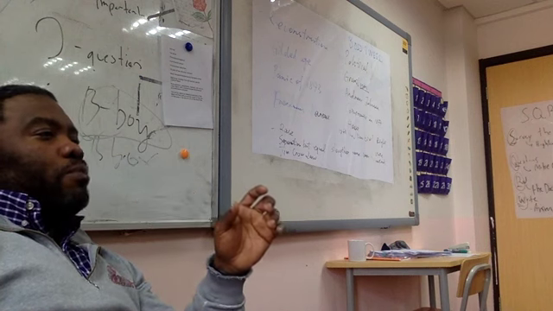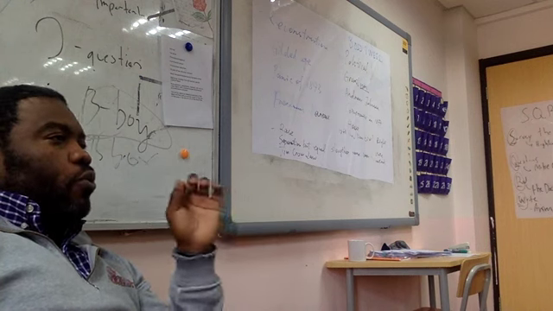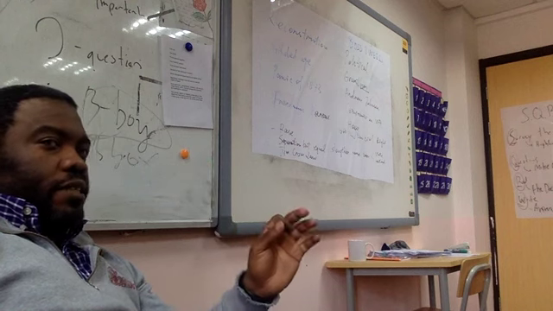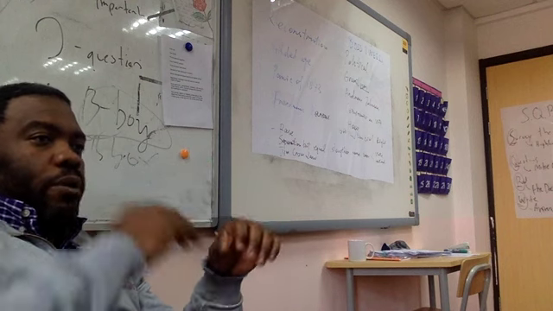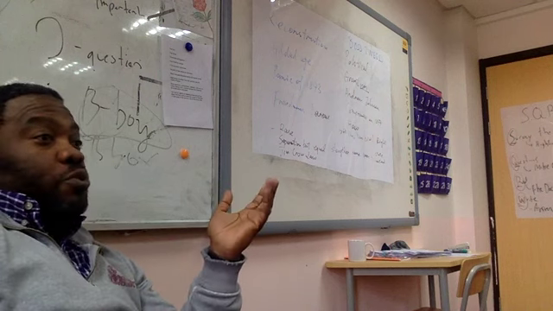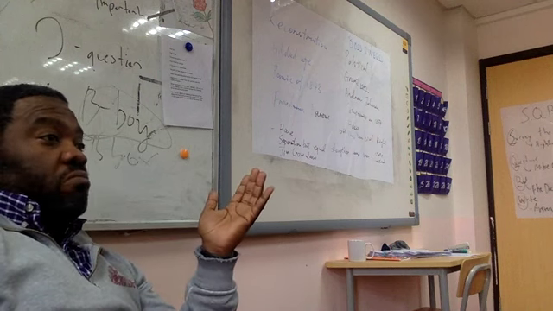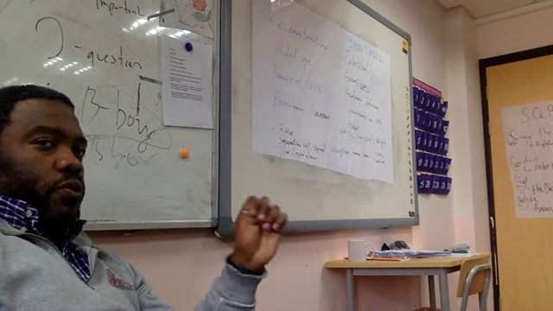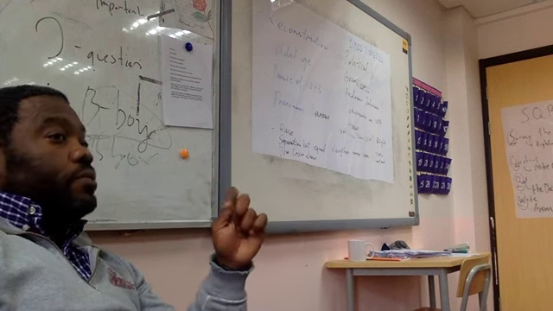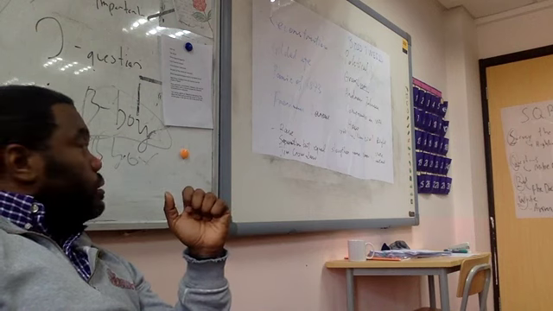The KKK, you can make the argument, was the first terrorist organization in the United States. Their sole purpose is to terrorize African Americans, and they do pretty well at it too.